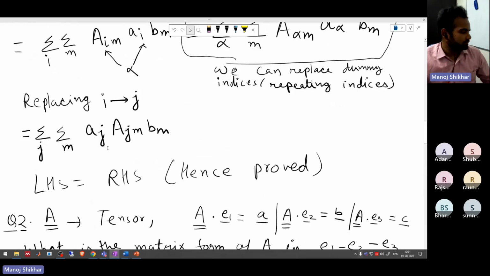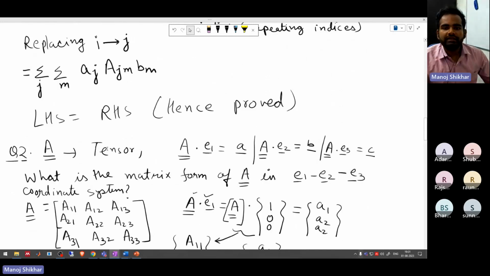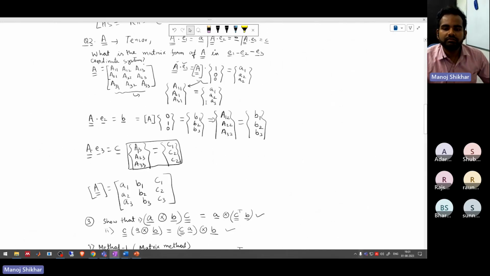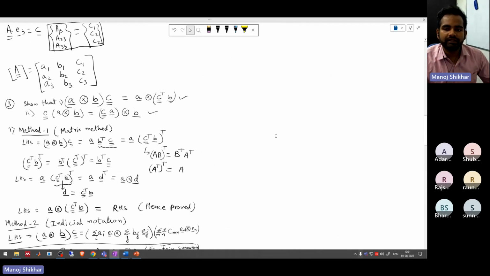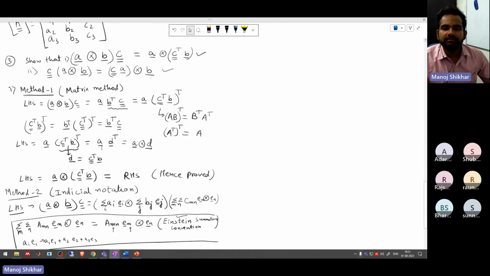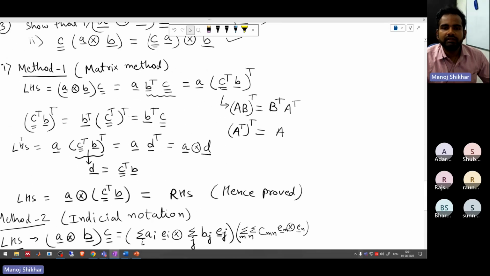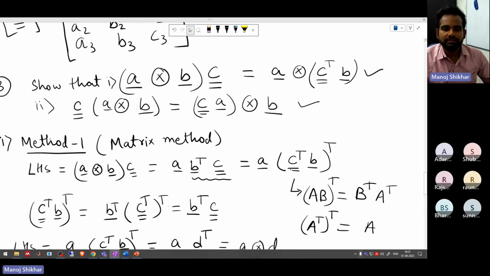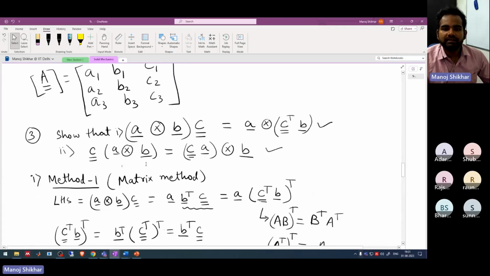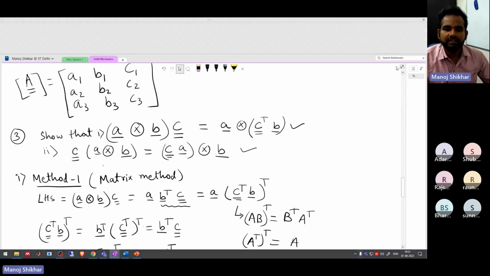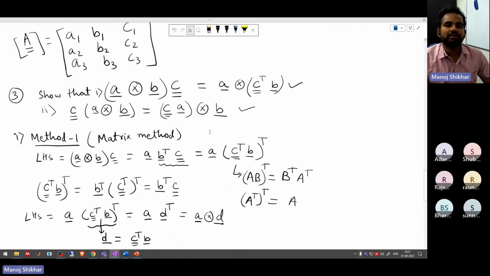Now I give you some time to think upon this question. We will have a 5 minute break, and after that we will continue to the second part of this question. Think about this part right now: how will you solve it using the matrix method?